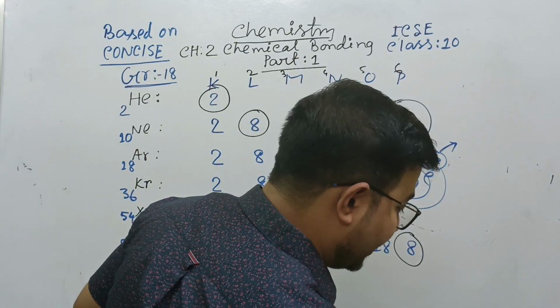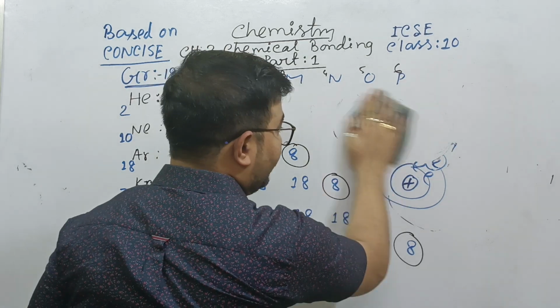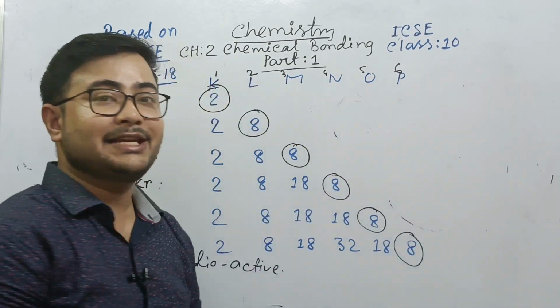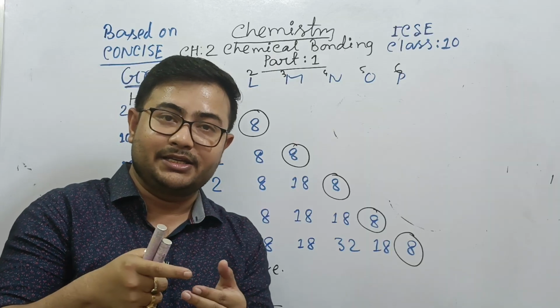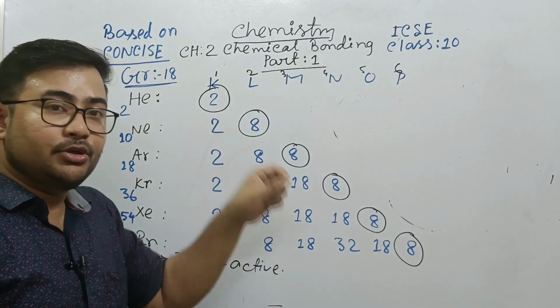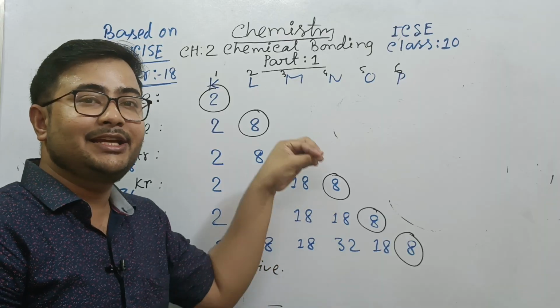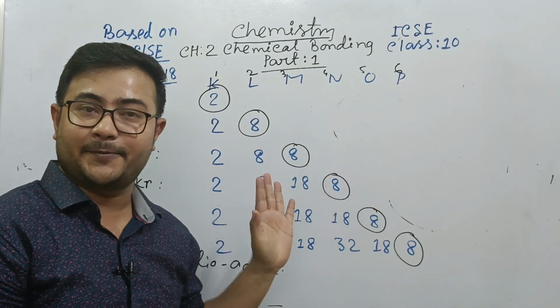So my point is that to gain the stability, atoms combine chemically and redistribute the electrons present in where? Valence shell.